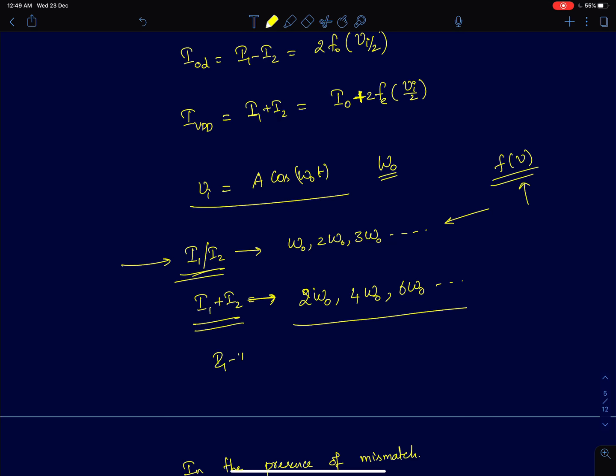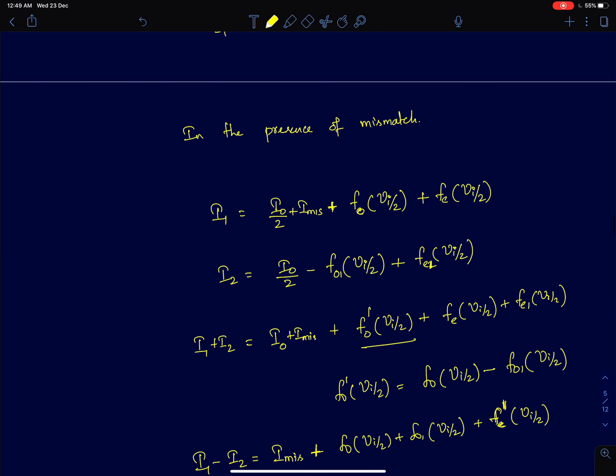And the difference between the two currents, I1 minus I2, the differential part, will only contain the odd harmonics. Now again, this is something that's well known in differential amplifiers. I'm carrying out this analysis so that it's easier to understand a differential amplifier with current biasing.